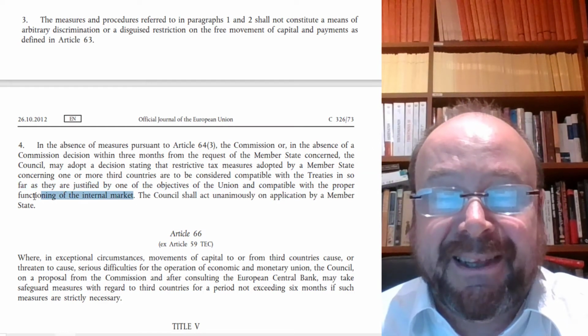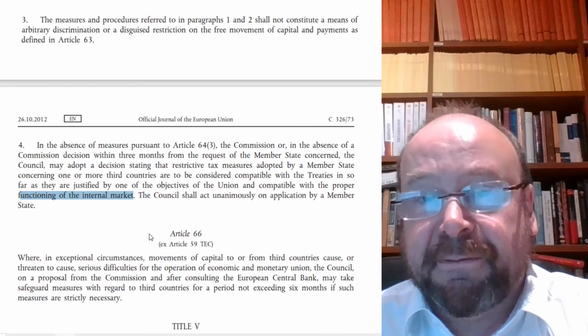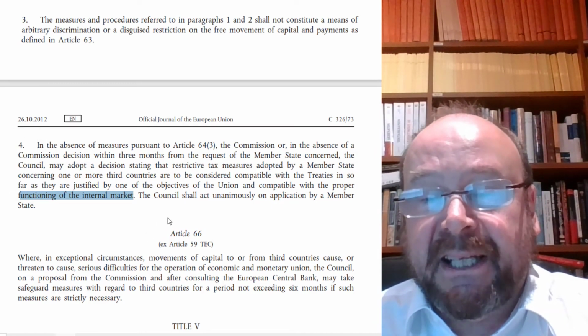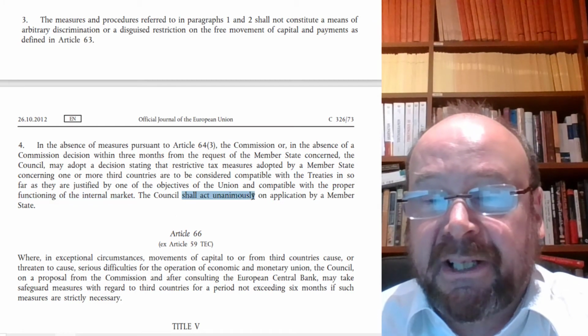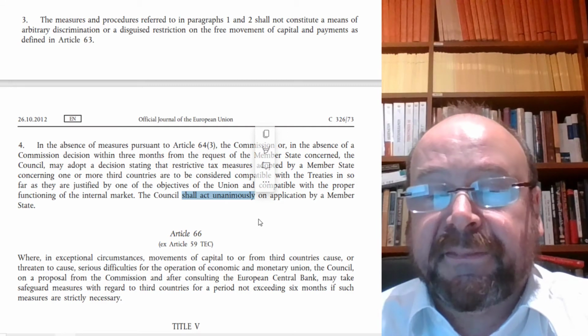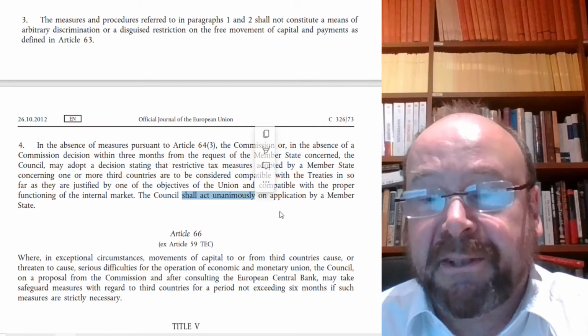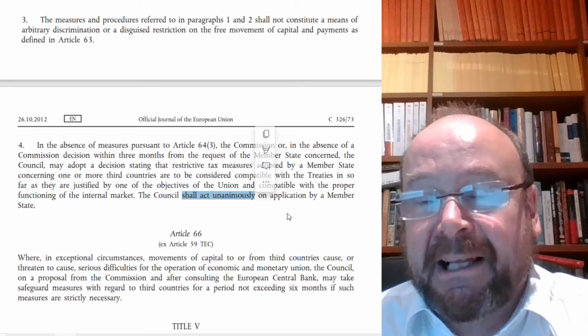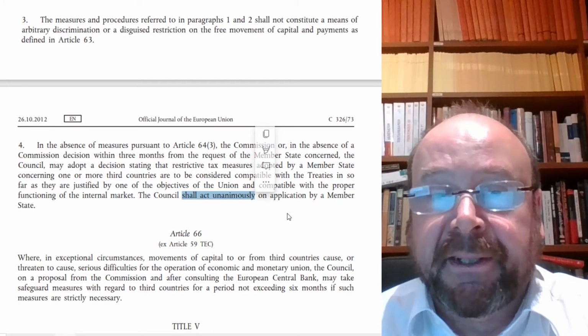So exceptions would be possible, but only if they can be justified in court, and then they would probably be attacked, and the Council shall act unanimously, so with 100% majority. That's rather hard to achieve.